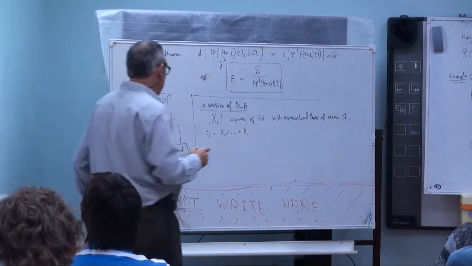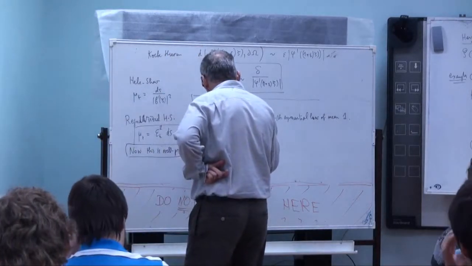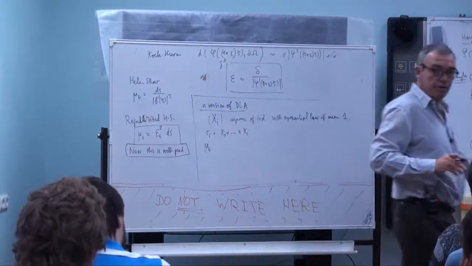And I define mu_t. So now I define the measure mu_t as in the Loewner setting.